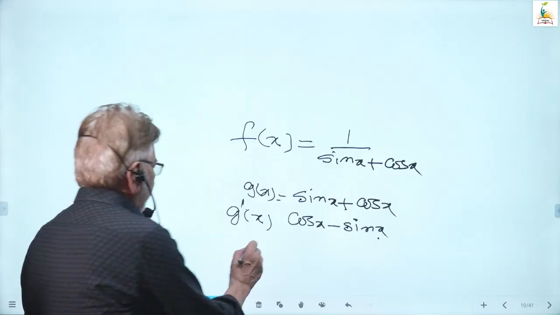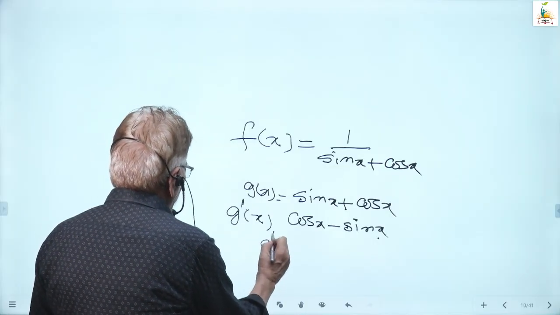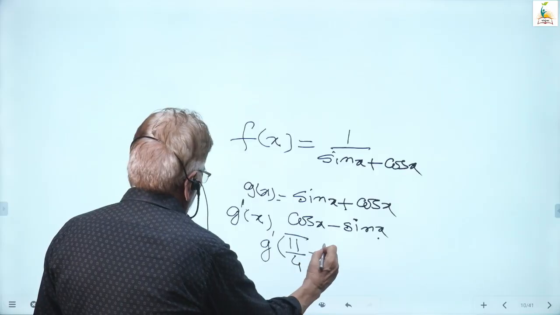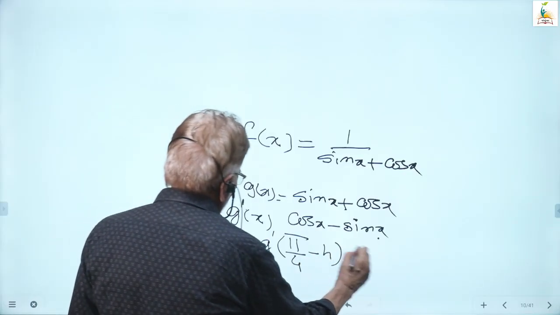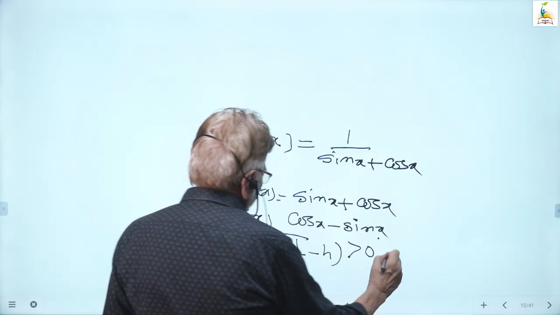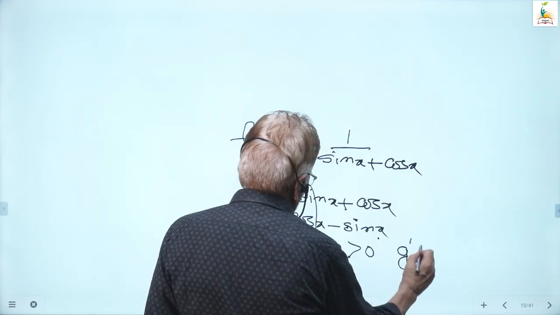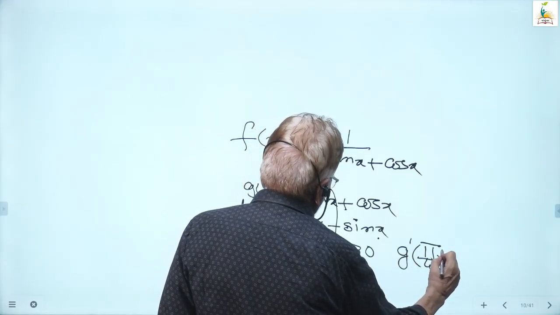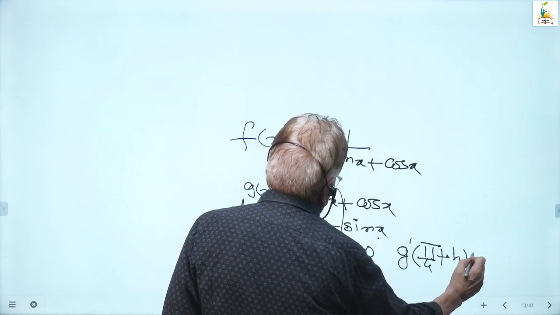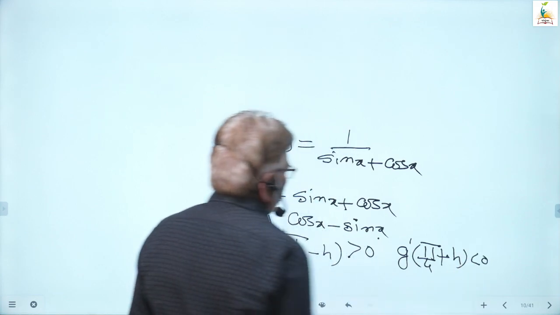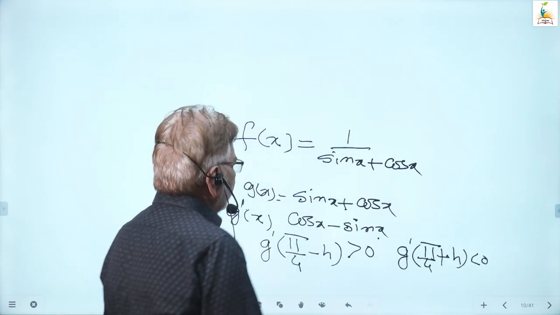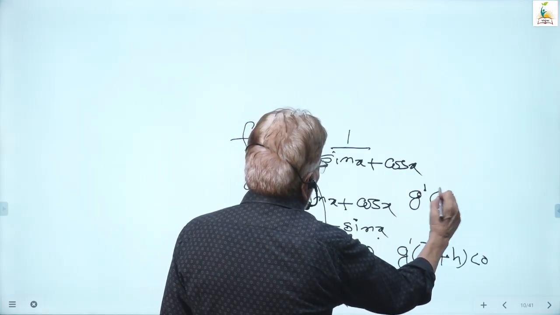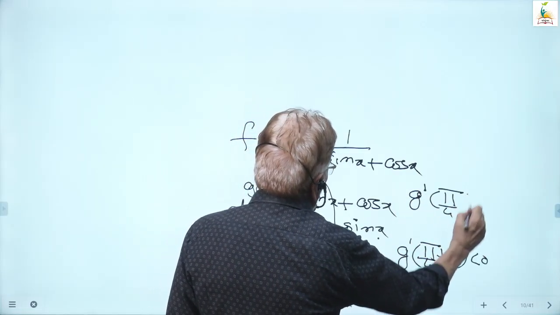So g dash of pi by 4 minus h is greater than 0, g dash of pi by 4 plus h is less than 0, and g dash pi by 4 equals 0.